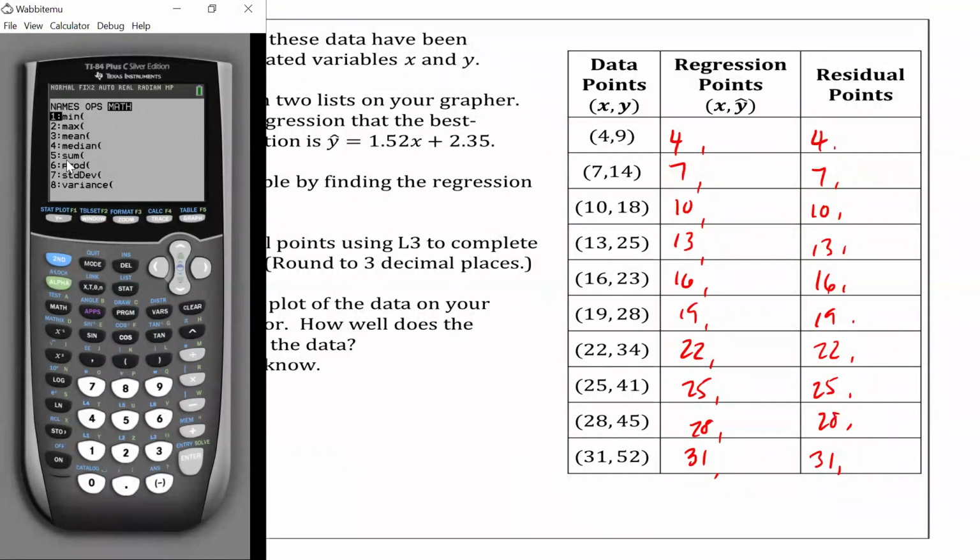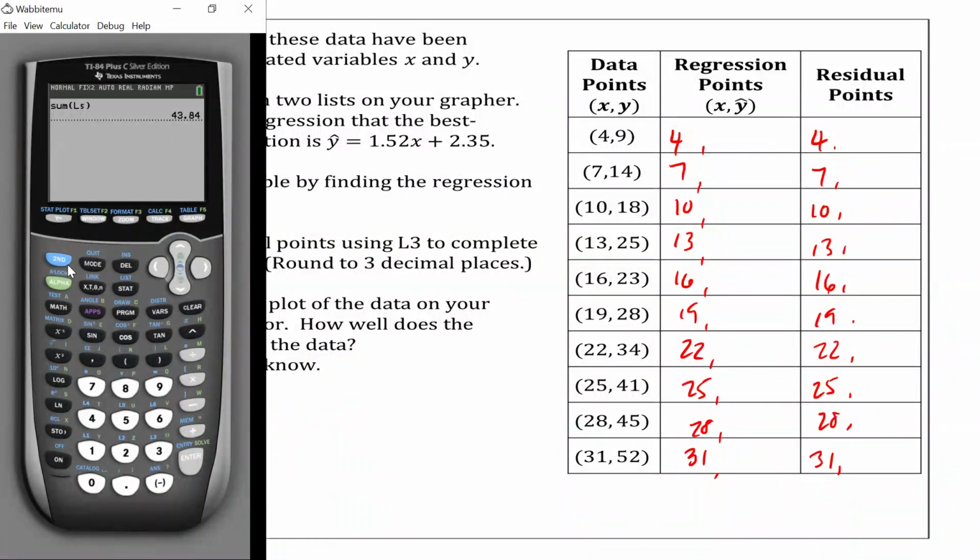And we're going to find the sum. So you see where it says sum? So I want to find the sum of L5, so second 5, and that would be my residual squared value. Okay, we did that. That's algebra 2. Do we have to do that here? No. But to get to sum, second stat math.